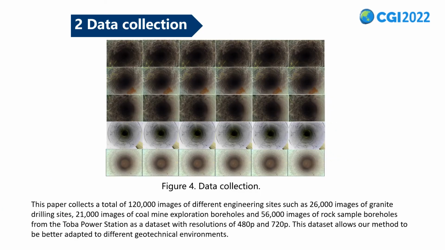And then finally, we have collected a total of 120,000 images of different engineering sites, such as 26,000 images of granite drilling sites, 21,000 images of coal mine exploration boreholes, and 56,000 images of rock sample boreholes from the Toba Tower power station as a dataset with resolutions of 480p and 720p.